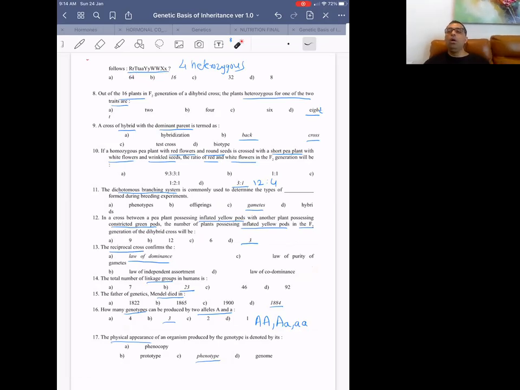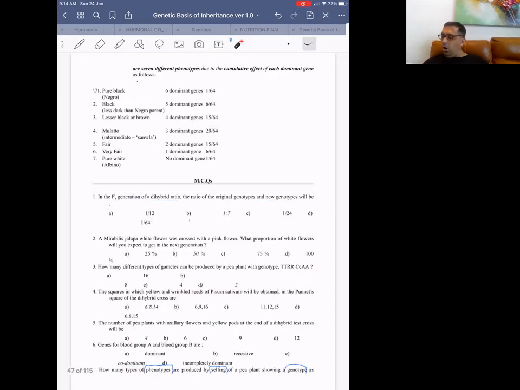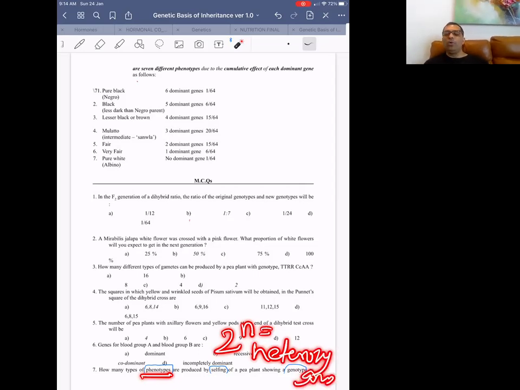Now we know the rule: number of phenotypes is 2 raised to n, where n is the number of heterozygous genes.